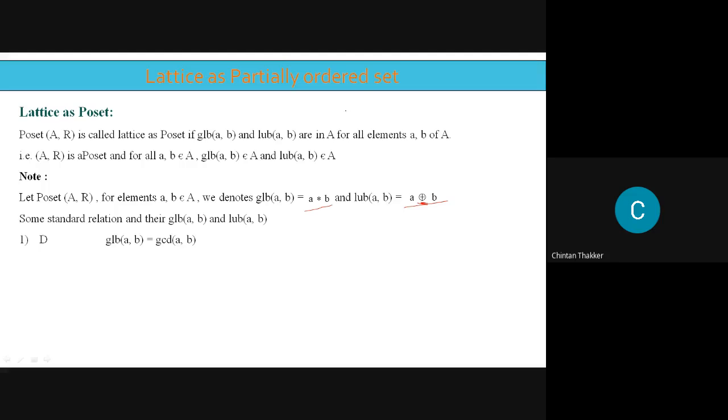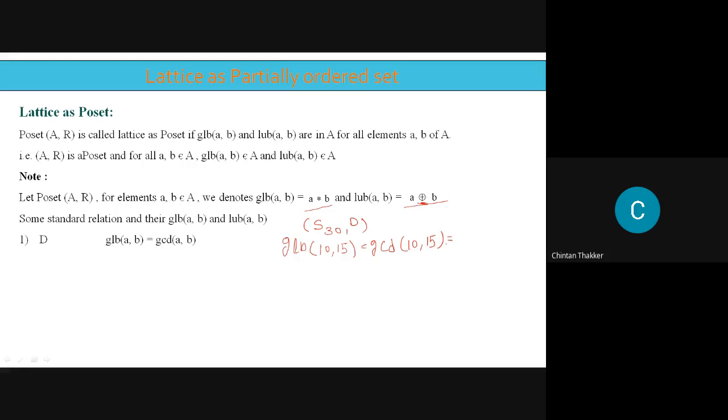It means, suppose the poset S30 comma D is given, then the GLB of 10 and 15 is the GCD of 10 and 15.